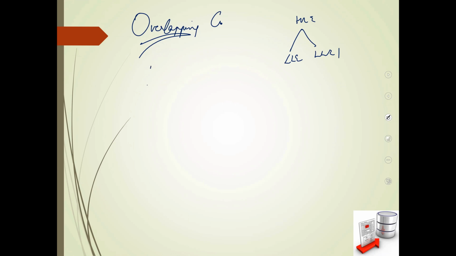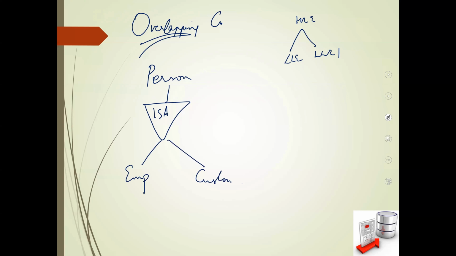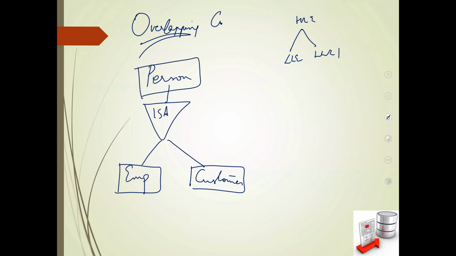Okay, let's think of a person. A person can either be an employee or a customer. You can think of a mall supermarket. People who come inside the mall can be the employees or they can even be the customers.